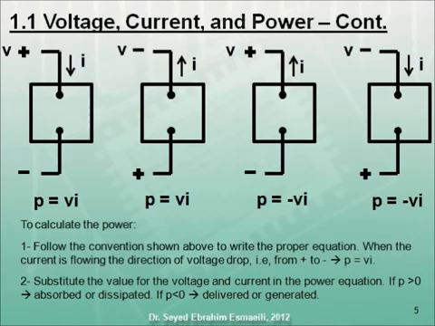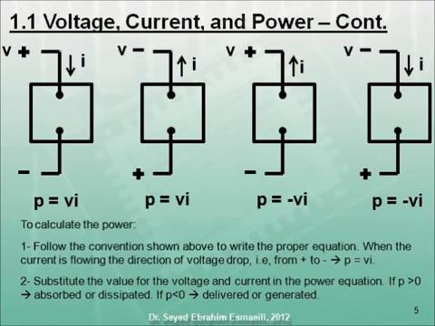In order to correctly calculate the power of a circuit element, we need to follow the convention illustrated here. If the current is flowing through the terminals of the element in the direction of voltage drop, then the power equation is written as P equals VI.